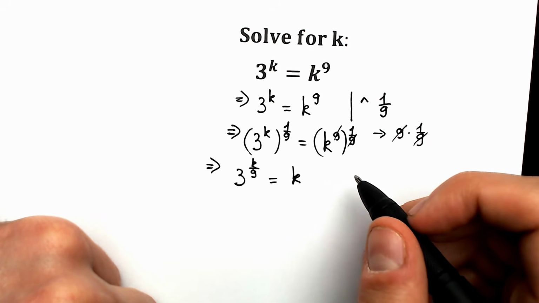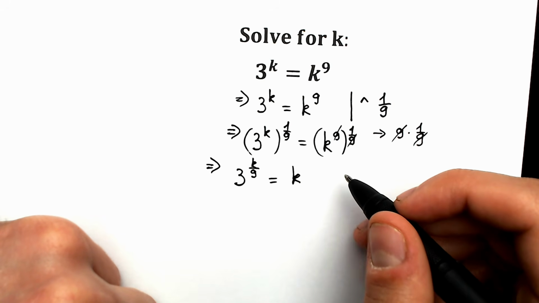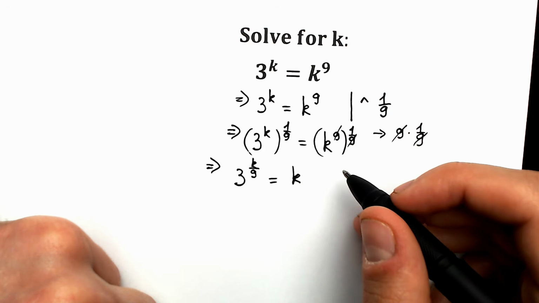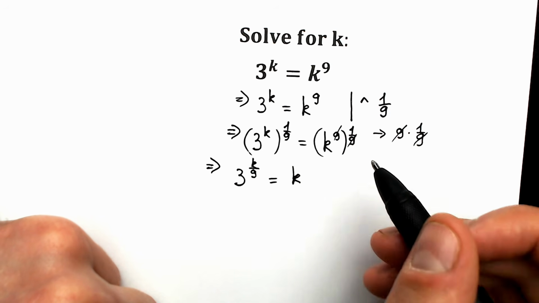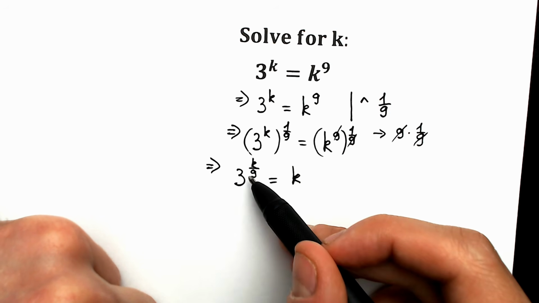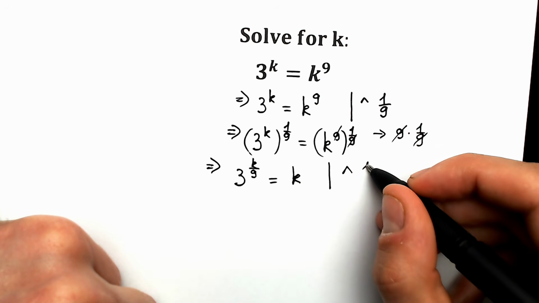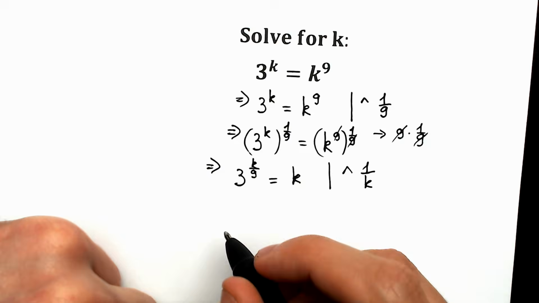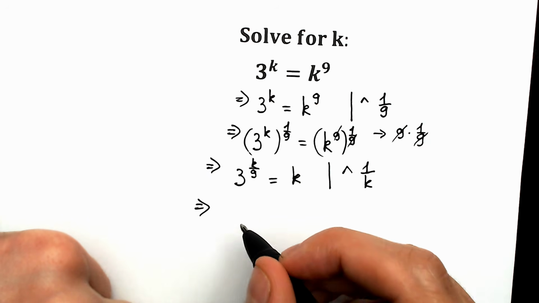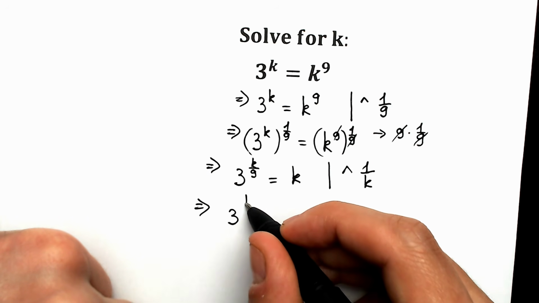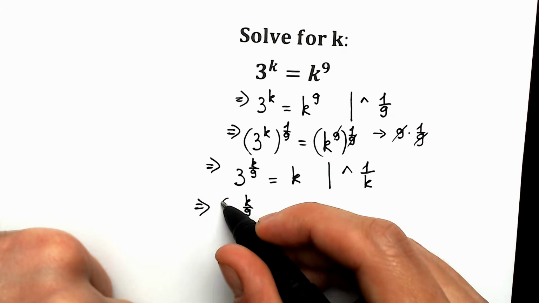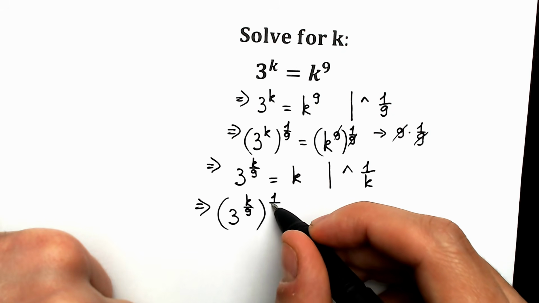Okay, so what are we going to do next? The next thing we're going to do is raise both sides to the power 1 over k. As I said before, we want to split our variables and our constants. So as a result, what do we have on the left side? 3 to the power k over 9, raised to the power 1 over k.